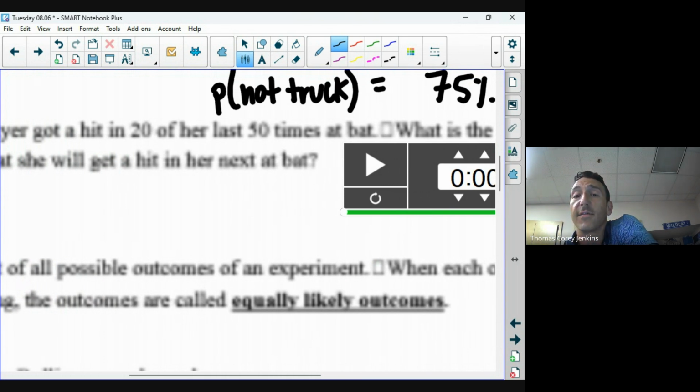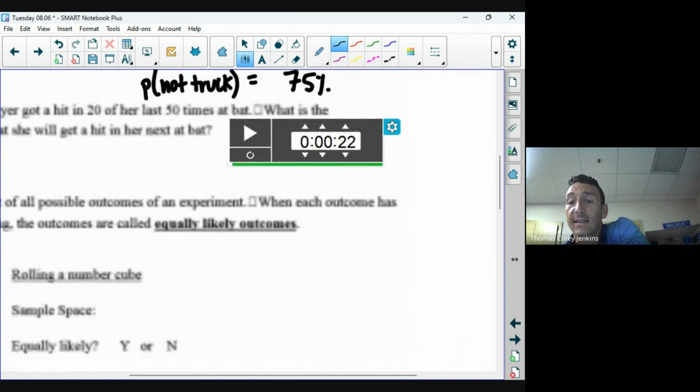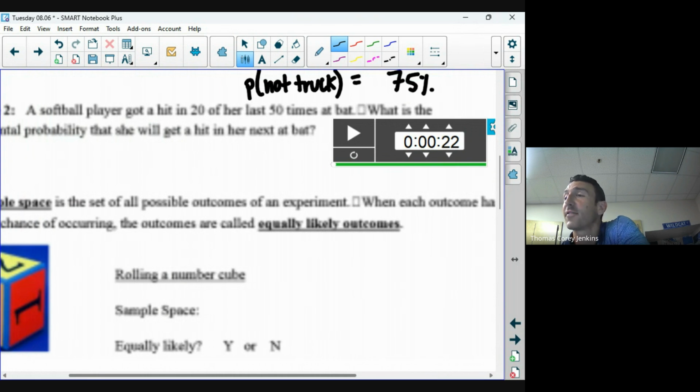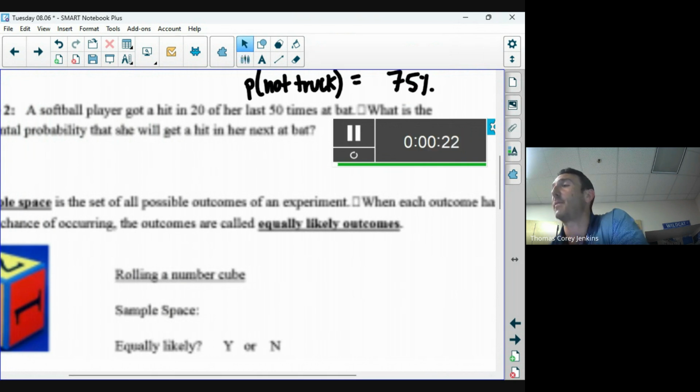All right, you guys look over the next one. It says, a softball player got a hit in 20 out of her last 50 times at bat. What's the experimental probability that she gets a hit the next time up? Based on that experiment, based on those trials, what's the probability that she's going to get a hit?